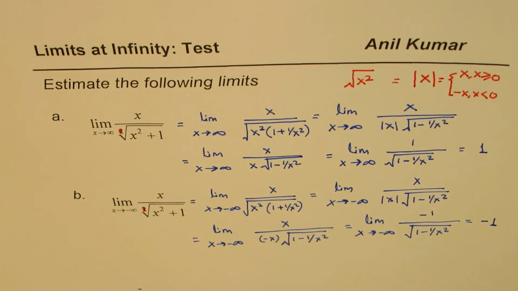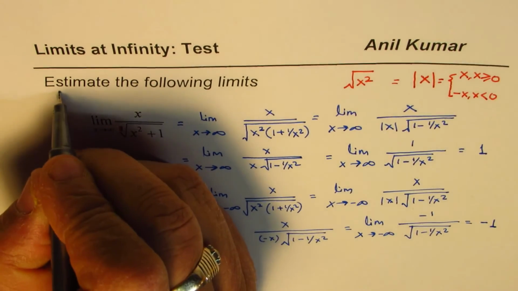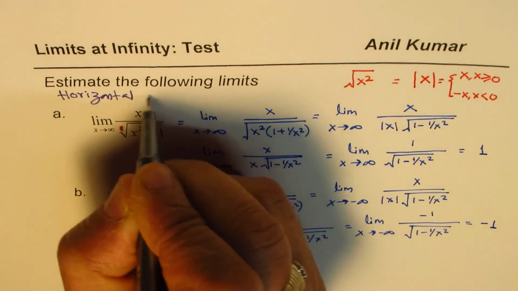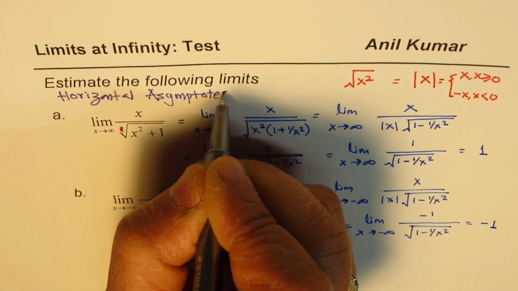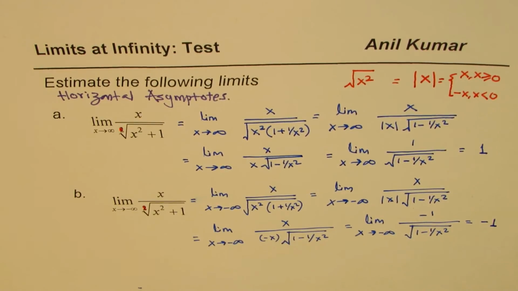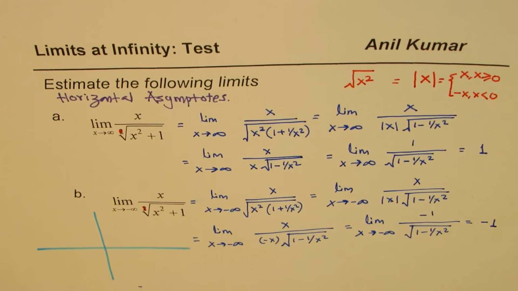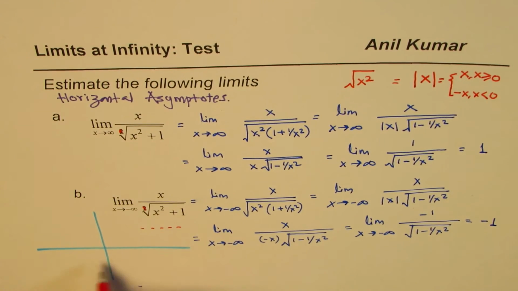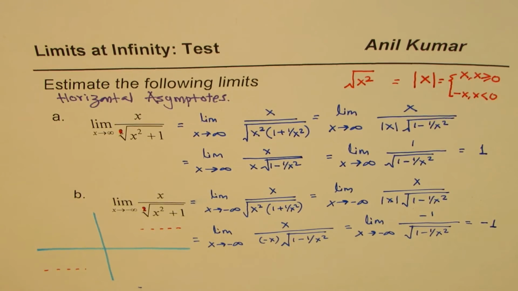So we have two horizontal asymptotes, right? So when we are talking about limits at infinity, we are actually discussing horizontal asymptotes. Right, so if you really sketch this graph, what you will get here is kind of like this, that you're approaching plus 1 and minus 1 as x is approaching positive or negative infinity, right?